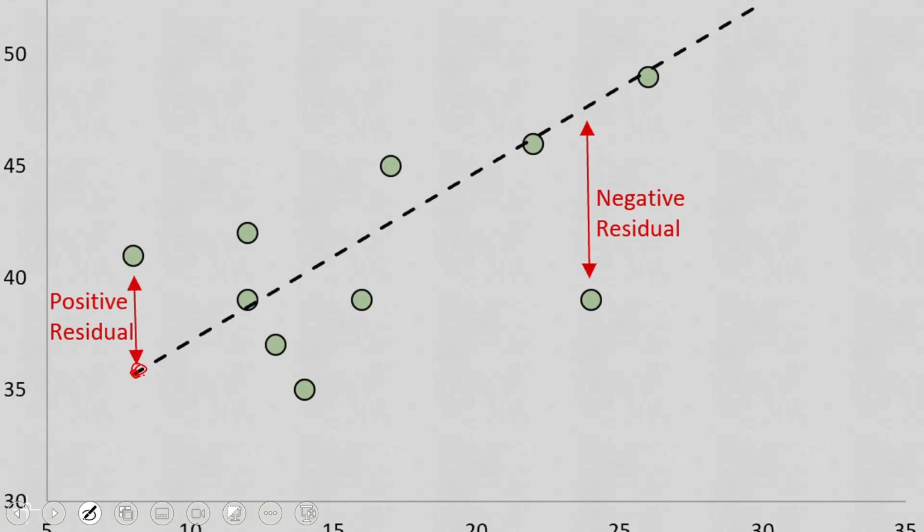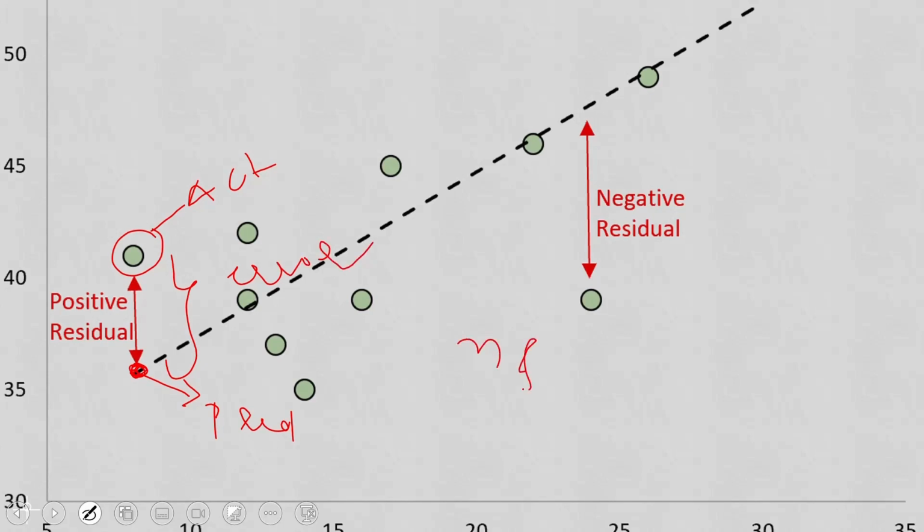Here the data point which is lying on the line is the predicted value, and the data which is above the line is the actual value. The difference between these two is the error. We should select the values of m and c in such a way that the error is minimum. How do we select the m and c values so that the error is minimum?